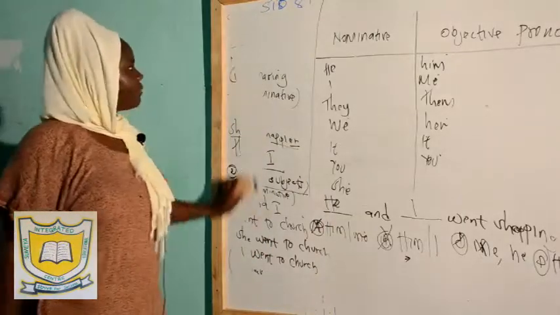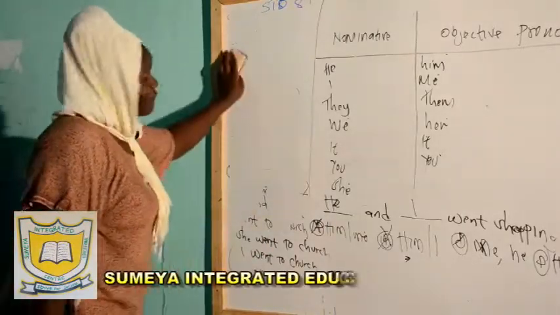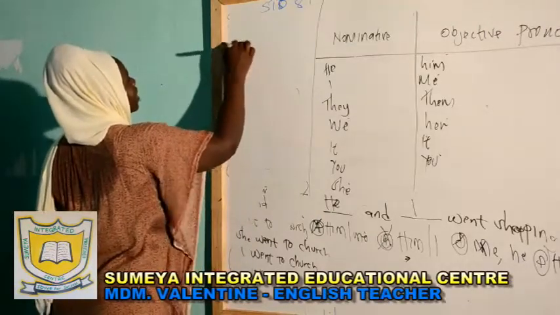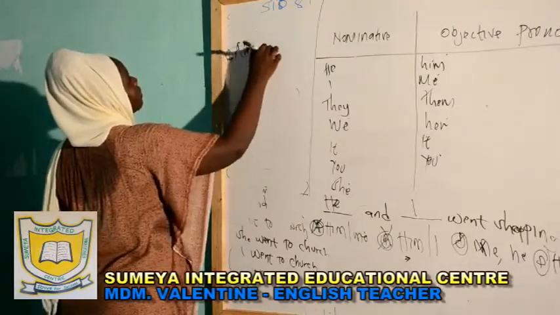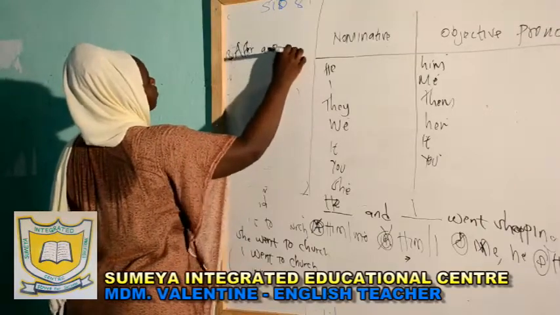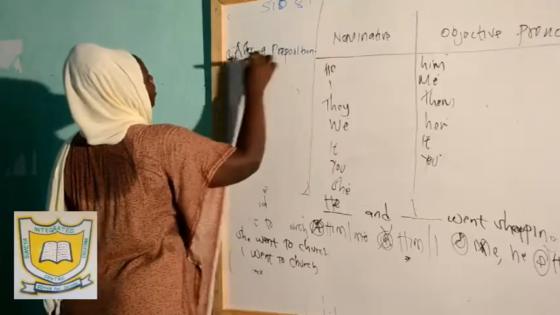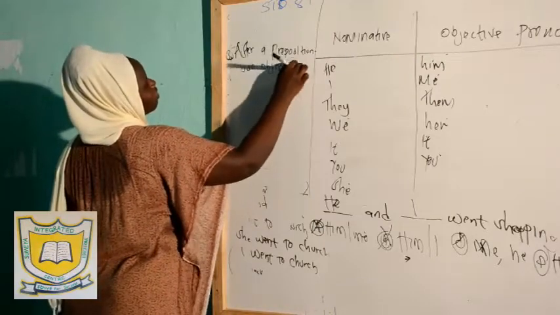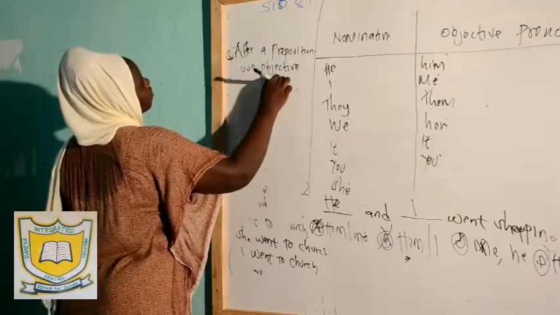The last one is number 3, after a preposition, use objective pronouns. After a preposition, use objective pronouns.